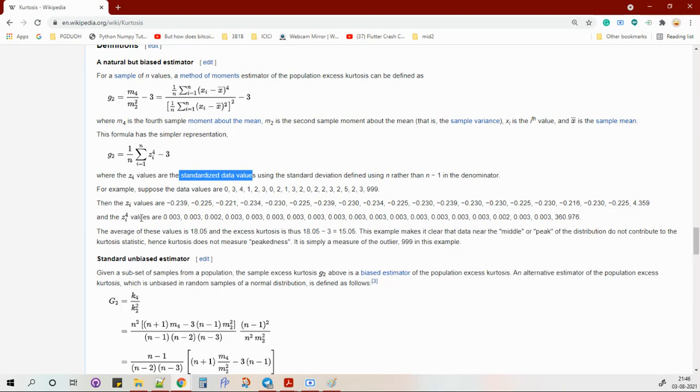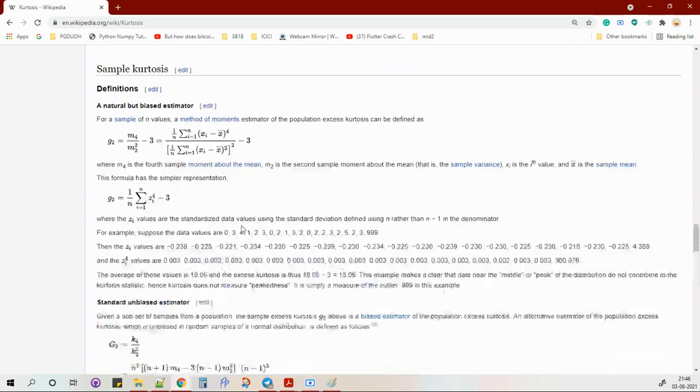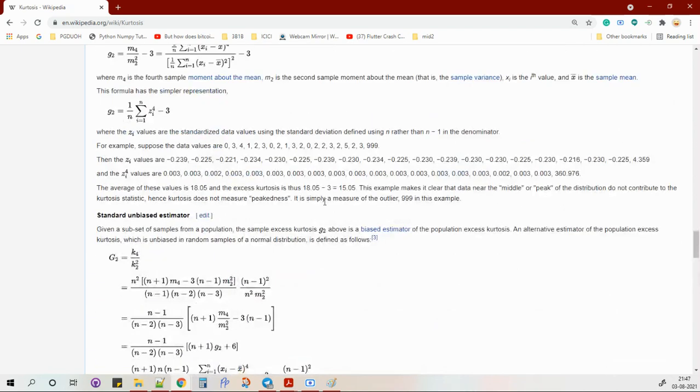And now if you calculate Zi to the power 4, it is useful in calculating the kurtosis, as in the formula. After calculating Zi to the 4th for each value, you can observe that the overall kurtosis value is due to this number, 36964. So we can actually find the outlier using kurtosis.